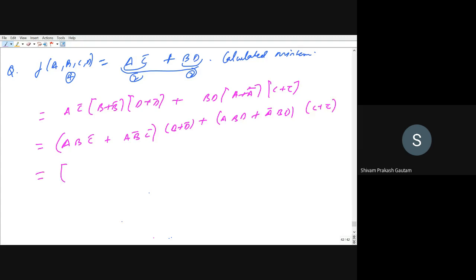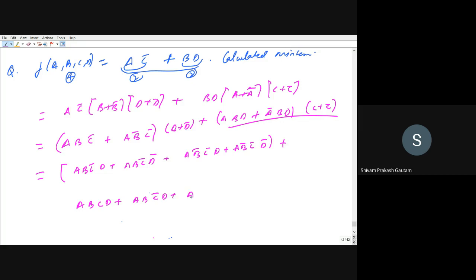So A B C bar D plus A B C bar D bar plus A bar plus A B bar C bar D plus A B bar C bar D bar plus, now I am opening the bracket for this. So this can be represented by A B C D plus A B C bar D plus A bar B C D plus A bar B C bar D. Is it okay?